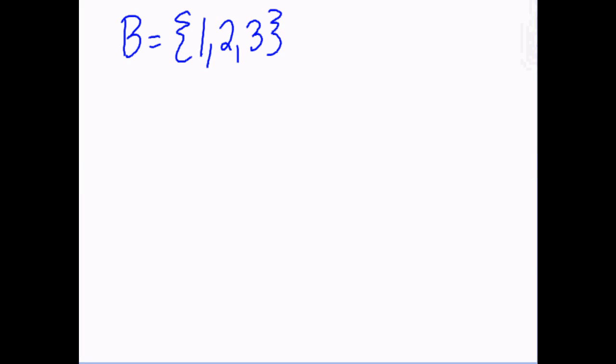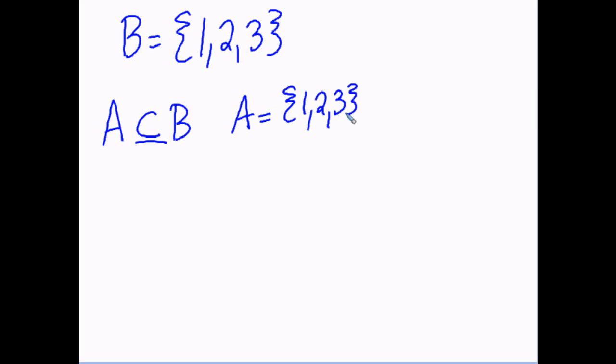Set B is equal to {1, 2, 3}. If I want A to be a subset of B, A can equal {1}, {2}, or {3}, or {1, 2}, or any combination.